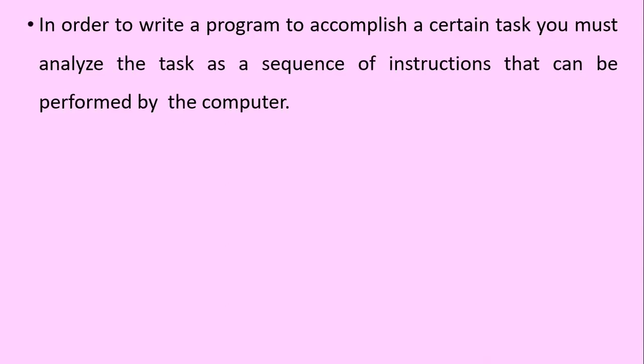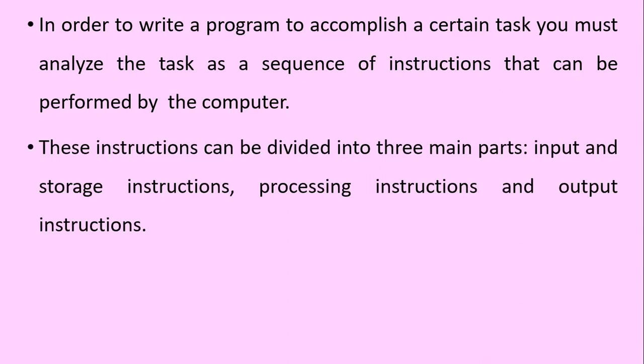In order to write a program to accomplish a certain task, you must analyze the task as a sequence of instructions that can be performed by the computer. These instructions can be divided into 3 main parts, which are input and storage instructions, the processing instructions, and lastly, the output instructions.